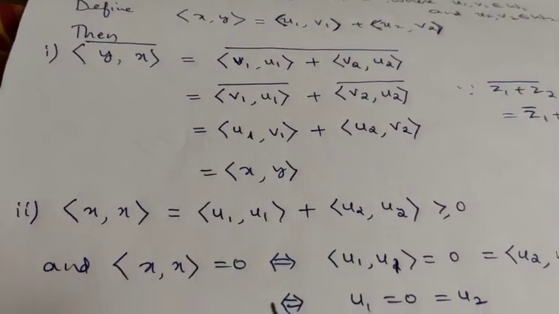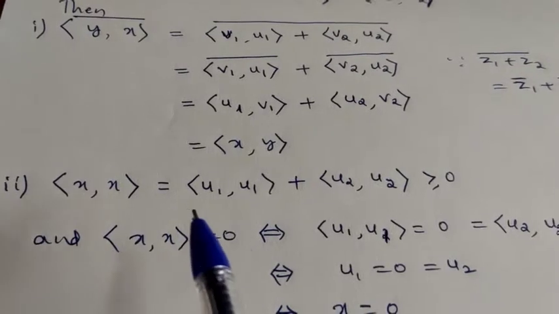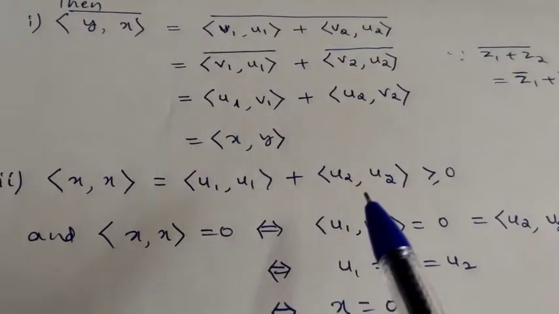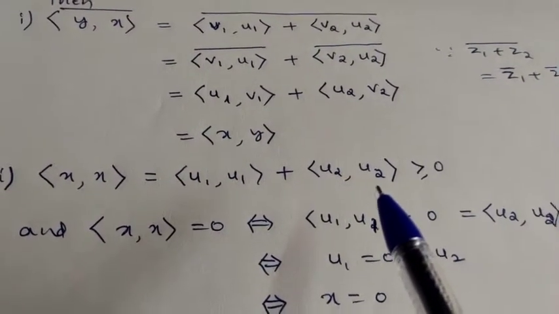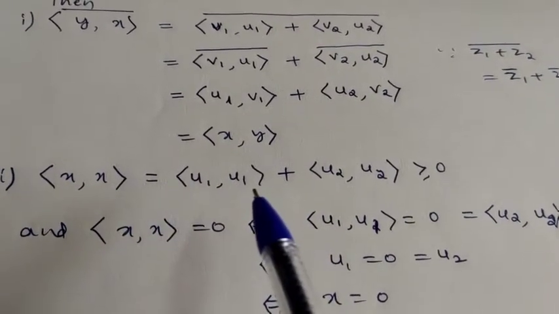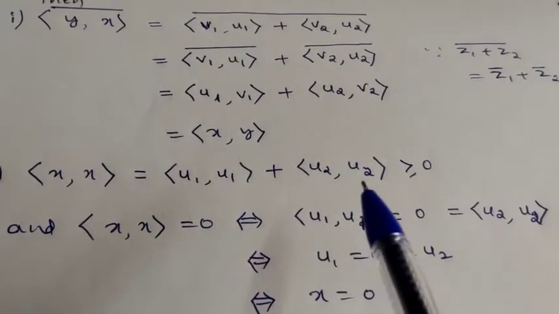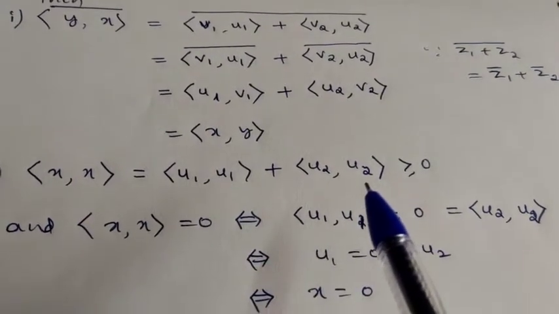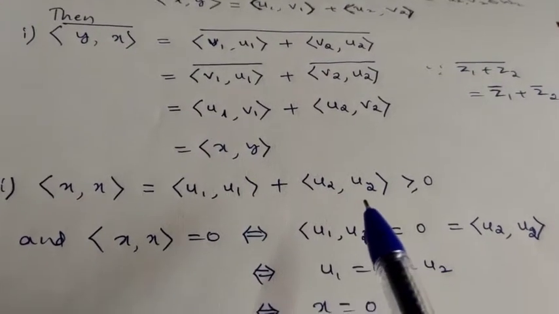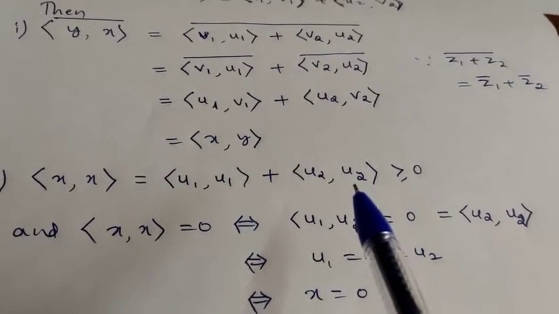Let's come to the second. Clearly the inner product of x, x is ⟨u1, u1⟩ plus ⟨u2, u2⟩ by definition. Definitely ⟨u1, u1⟩ is always non-negative because it is an inner product in W1, and W1 is an inner product space. And ⟨u2, u2⟩ is greater than or equal to 0 because u2 is an element of W2, and W2 is an inner product space.